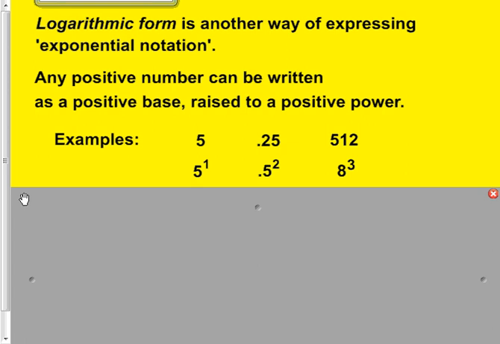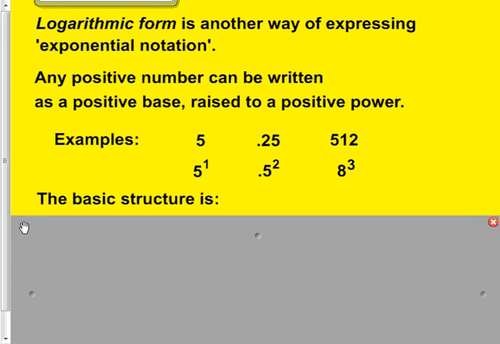But raising something to the first power is still raised to a power. Decimals are the result of other decimals being raised to certain exponents. So you get the idea there. Any number that we can come up with can be expressed as some number raised to some other power.